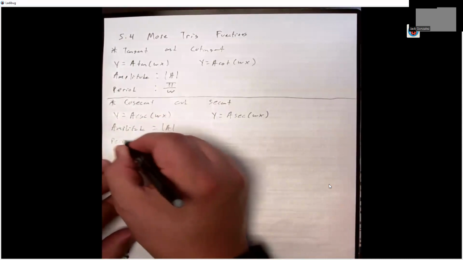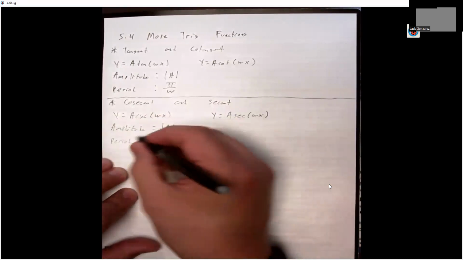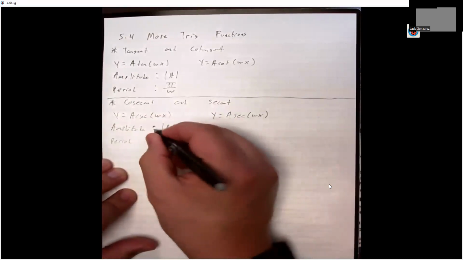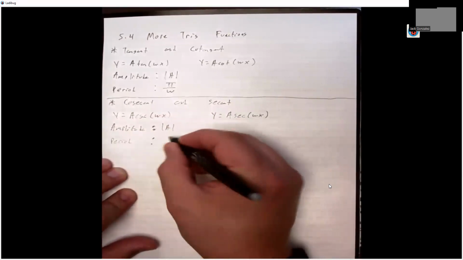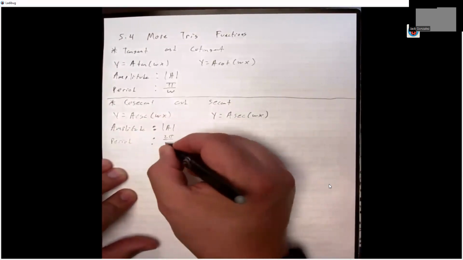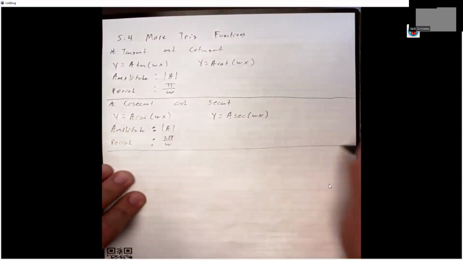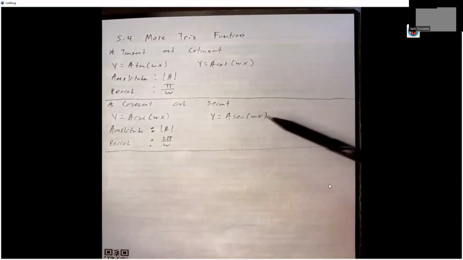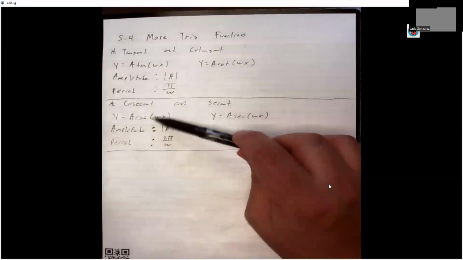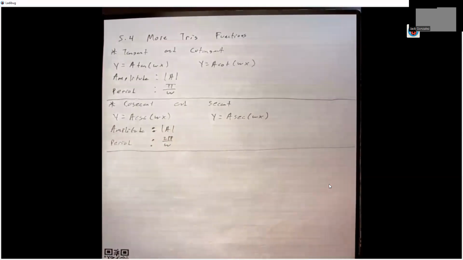Period is the same as before, 2 pi over omega. What are the 3 letters next to the A on the Y? C, S, C. Yeah, CSC, cosecant function. Cosecant of omega x.